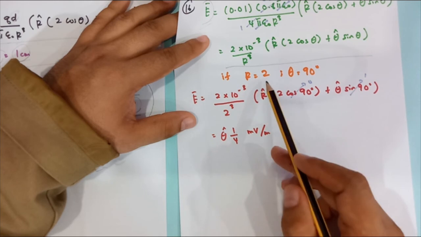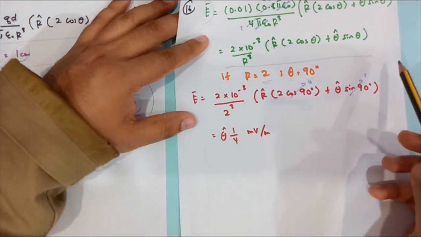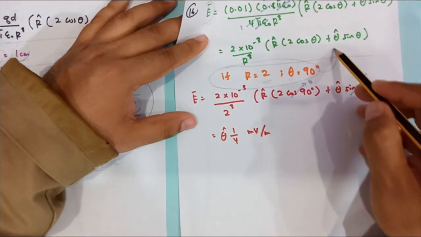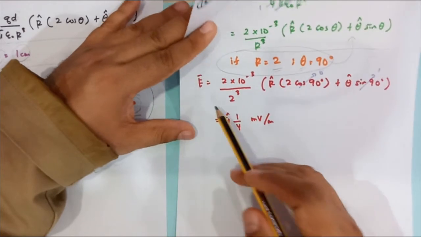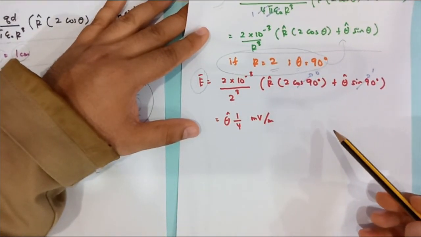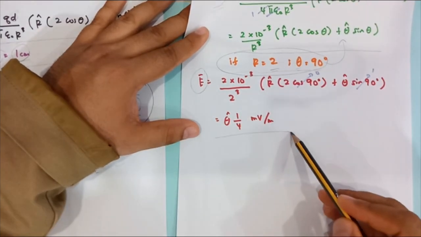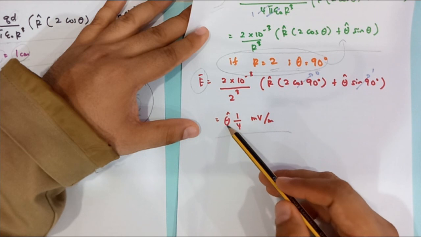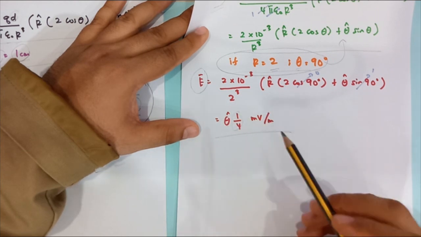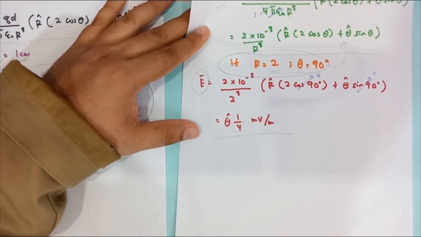Then if r is equal to 2 meter and theta is equal to 90 degrees, we put all these values inside this equation, and the vector of electric field intensity is given by this expression, equal to theta cap quarter millivolt per meter. So that's the solution for question number 16.